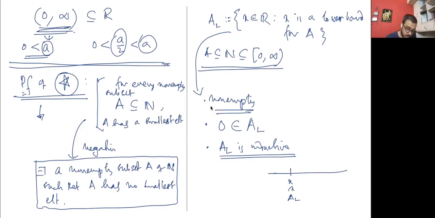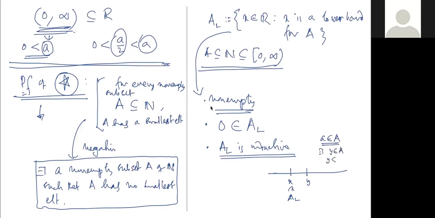Yeah, go ahead. So for all elements a in set A, there exists a y in set A such that y is less than a. Repeat again, sorry. For every element a in set A, there exists y in A such that y is less than a.